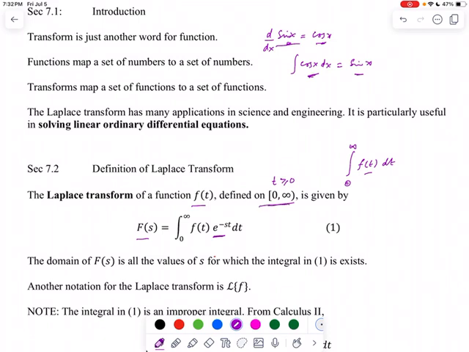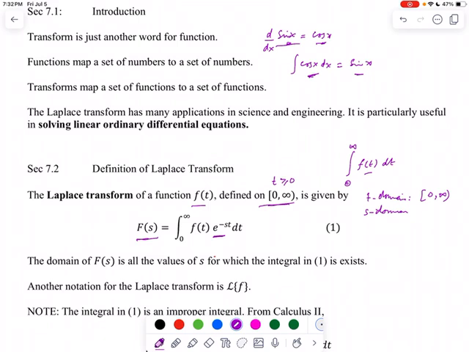So we call this the t domain, and the domain of F of s is called the s domain. The t domain is 0 to infinity, and the s domain depends on the function.